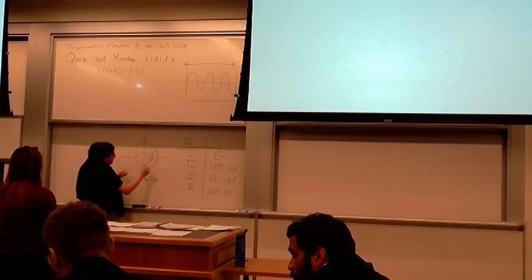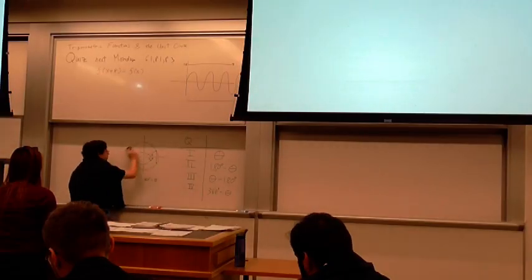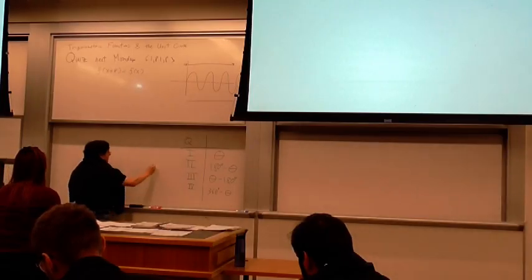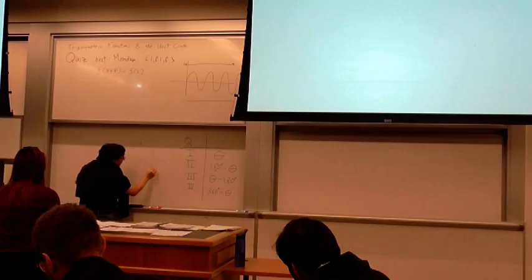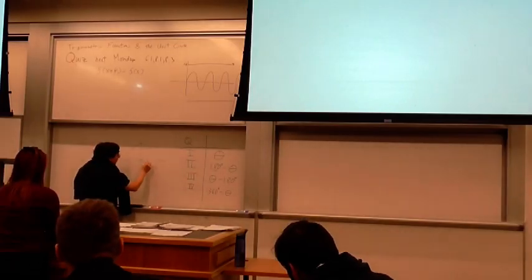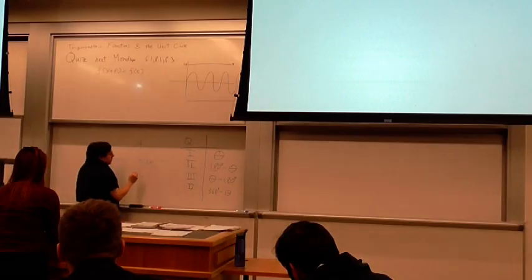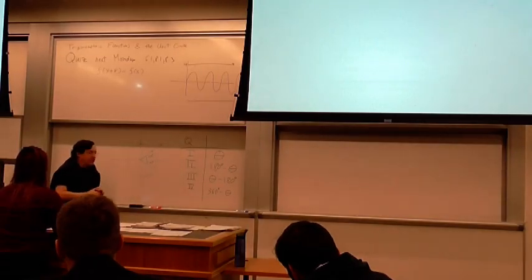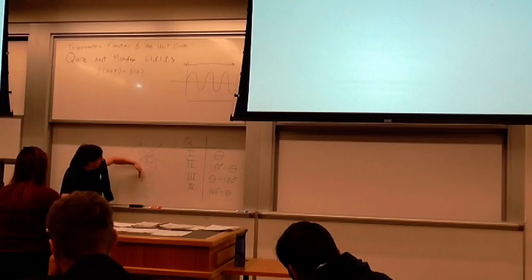In other words, if I have an angle down here, let's say negative 25, the reference angle is just going to be positive 25. But that's if it's in this quadrant.